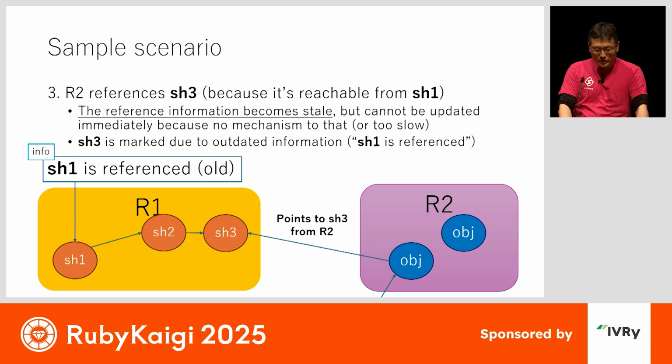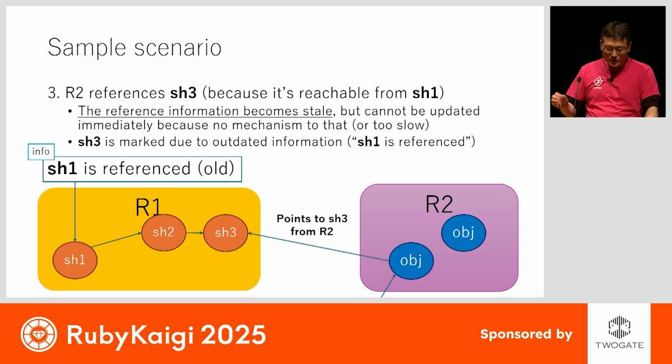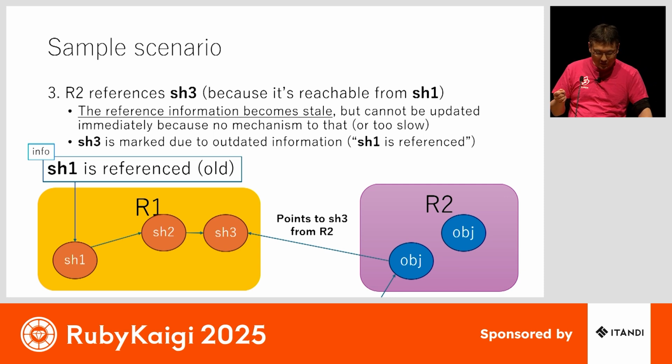Now Ractor 2 references SH3, because we can reach SH3 from SH1. But here is the problem. The reference tracking information still says SH1 is referenced, and it hasn't been updated to include this new reference to SH3.